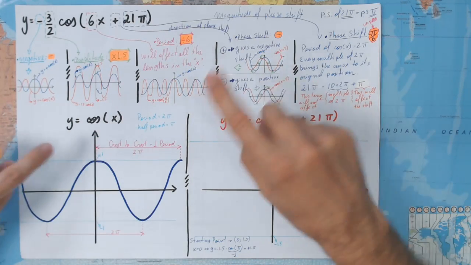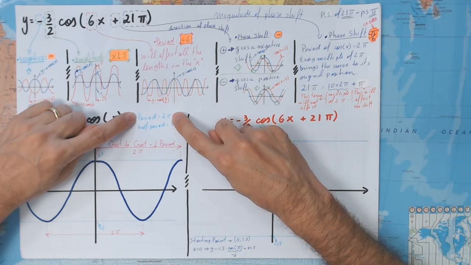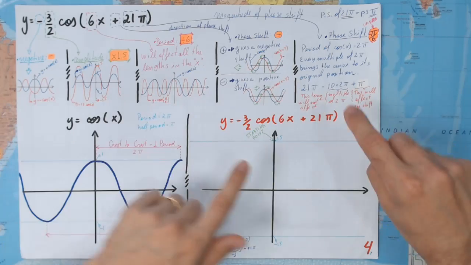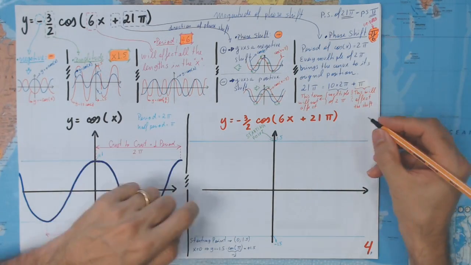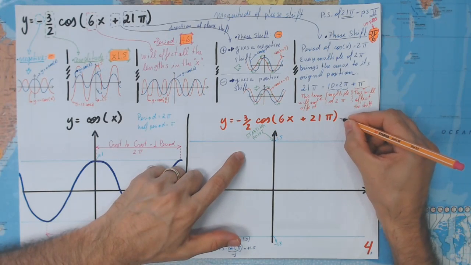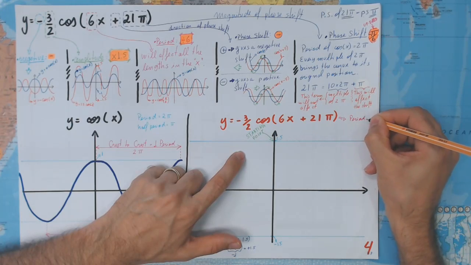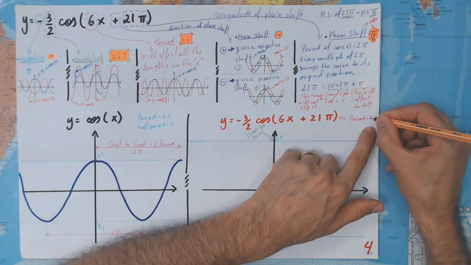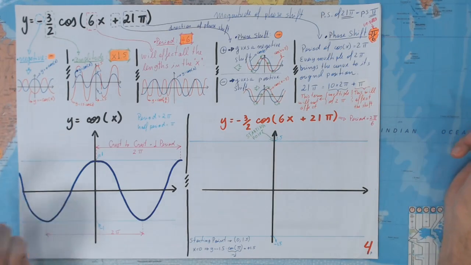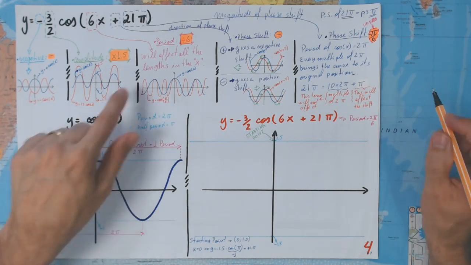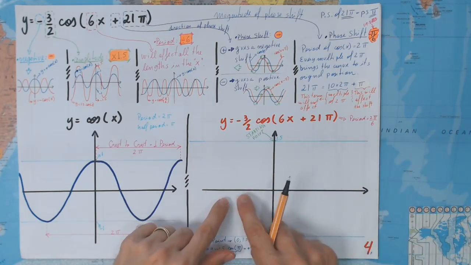It means that if our initial period was 2 pi, then our period in here, and let's write it here, our period for that function is going to be 2 pi divided by 6. Okay? Why? Because everything on this chart is going to be reduced by 6 in the x direction.